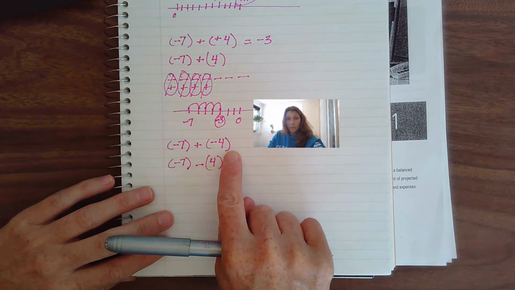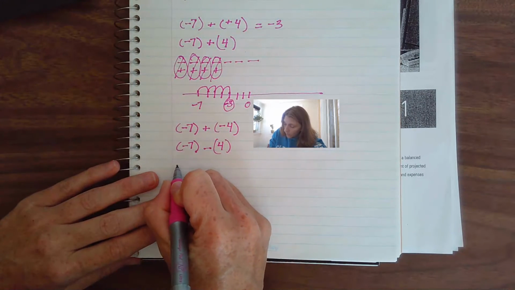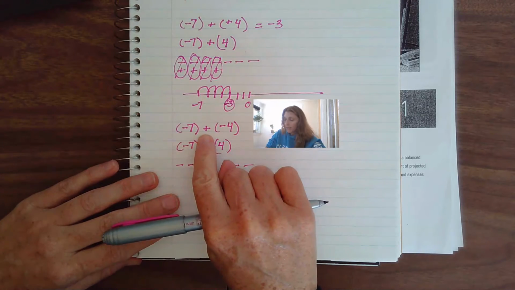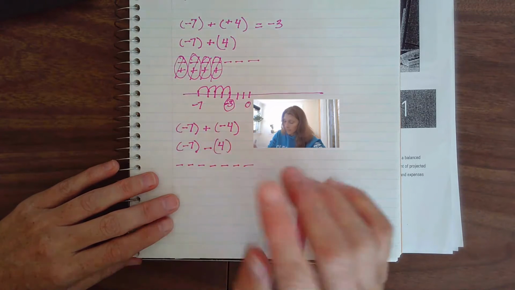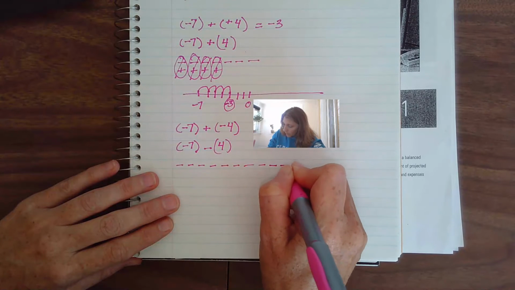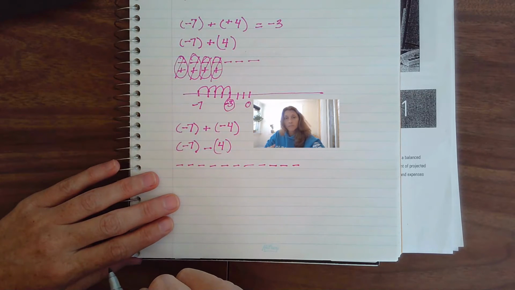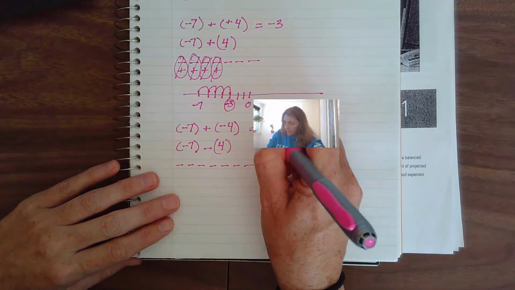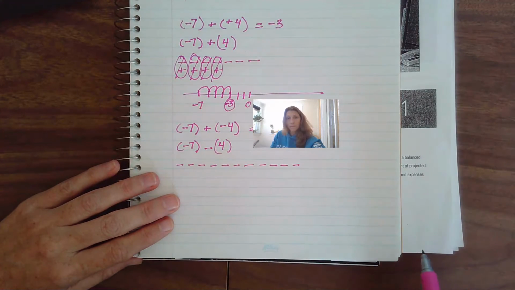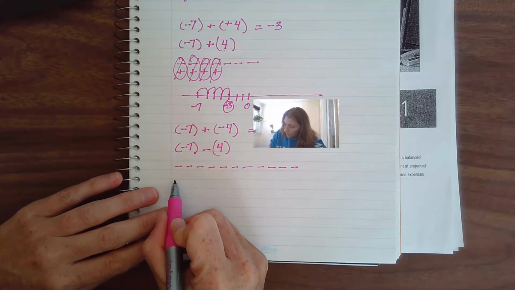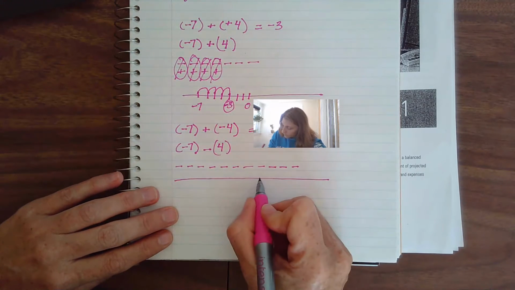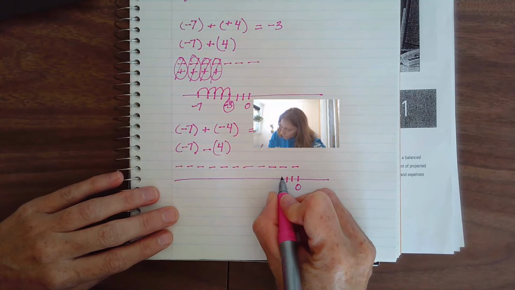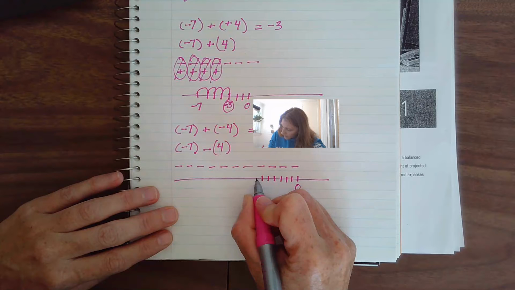Now, if we show this with pictures, -7, 1, 2, 3, 4, 5, 6, 7, plus 4 more negatives, 1, 2, 3, 4. -11. And we count all those up. If I show that with a number line, we'll put 0 here. -7. 1, 2, 3, 4, 5, 6, 7.